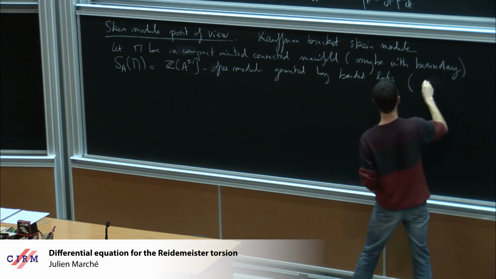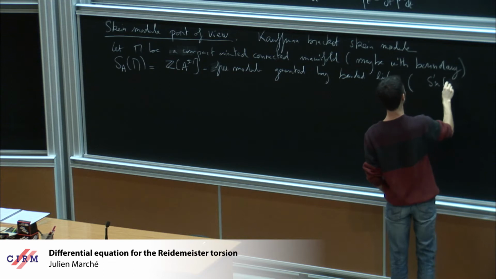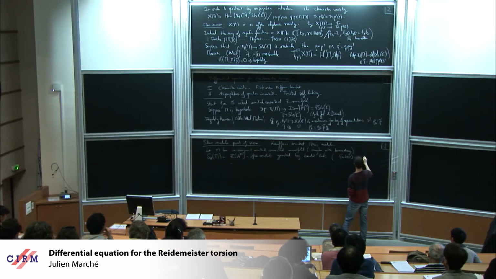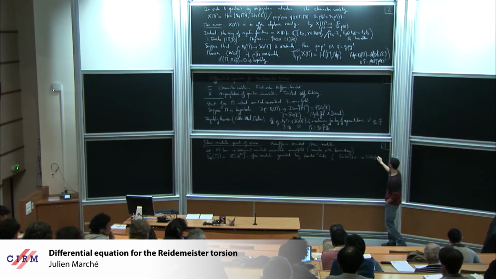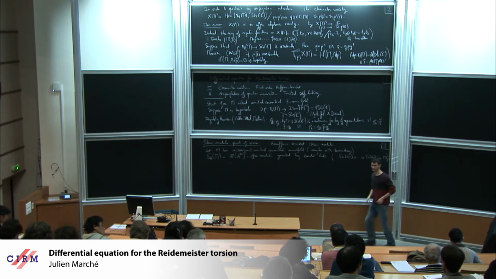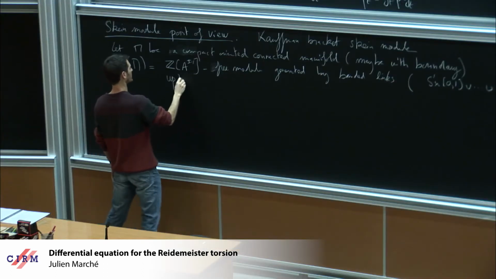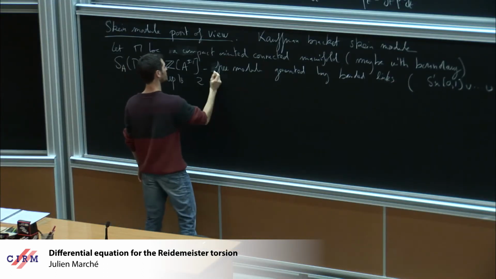By banded links, I mean embeddings of annuli, S1 times [0,1], embedded in the manifold, divided by some local relations, two local relations.